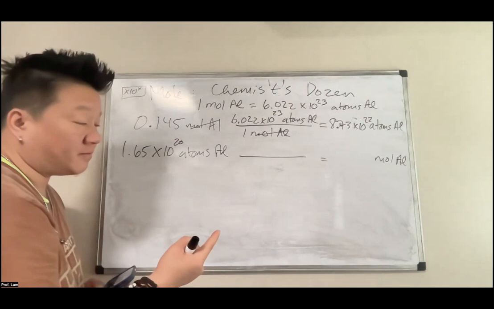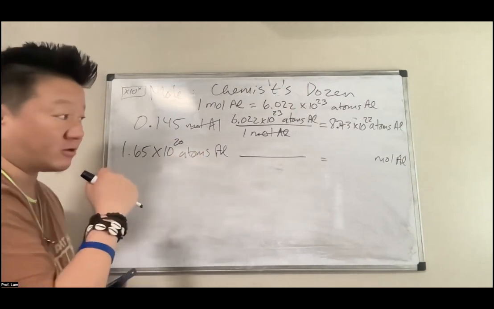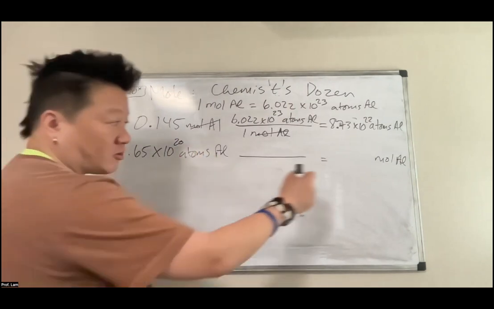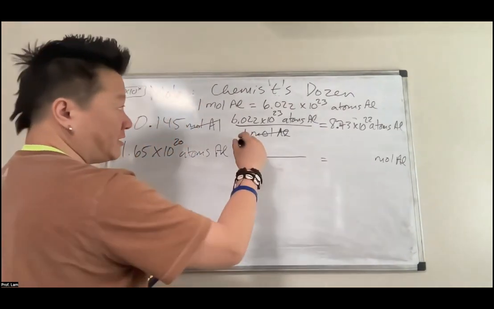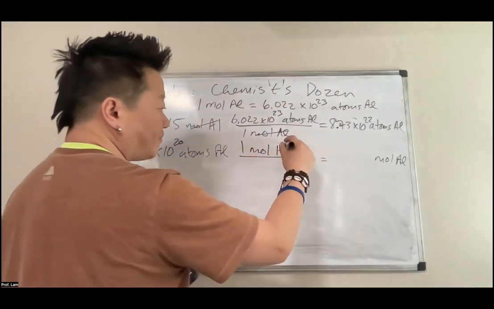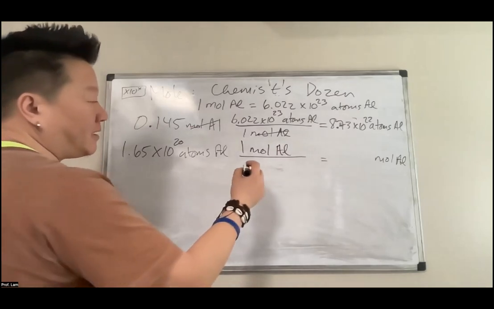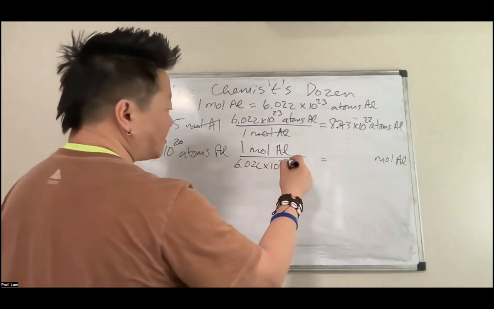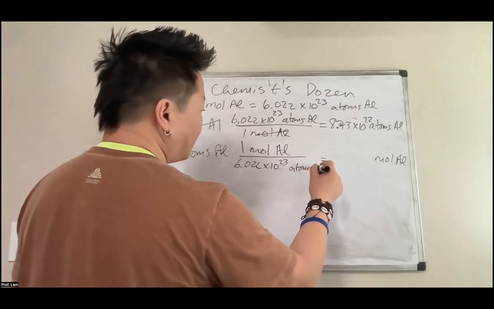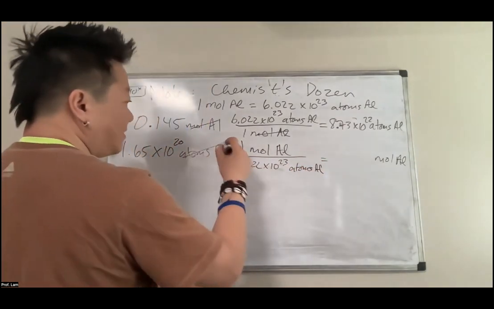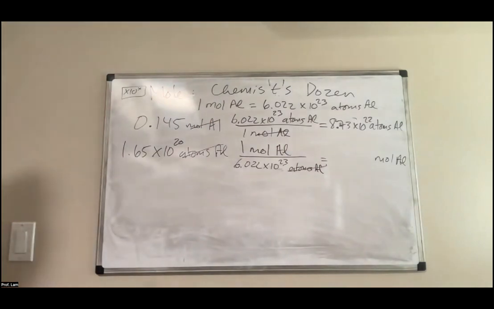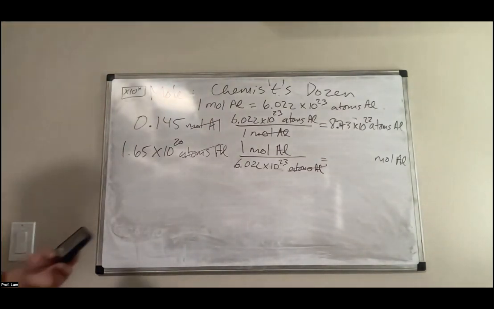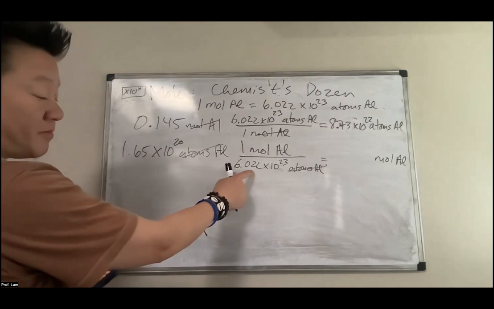Of course, we already have the true statement. All we have to do is figure out what goes on top and what goes on bottom. So we want mole out, so this time mole is going to be on top. 1 mole of aluminum is 6.022 times 10 to the 23rd atoms of aluminum. So that cancels out, and now this number is on bottom.